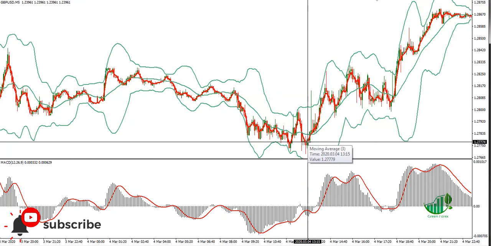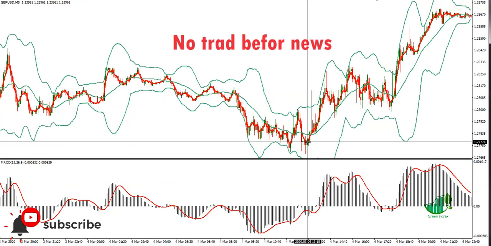If you see that only one condition is fulfilled and the second one is not, this is not the time to take entry. Second thing, whenever news is coming, try not to apply any indicator.